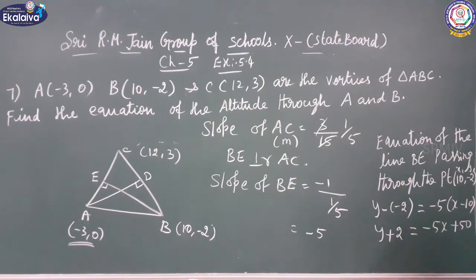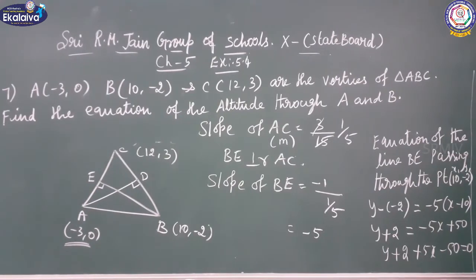You bring this negative value to the right hand side. On the left hand side, what is the value you are getting? y plus 2 plus 5x minus 50 equals 0.